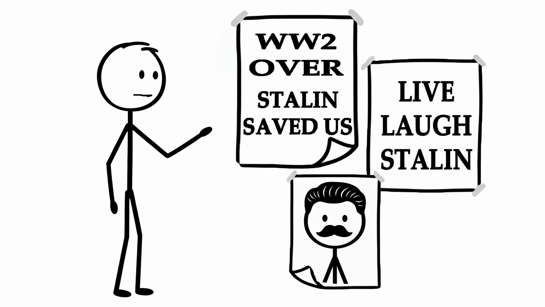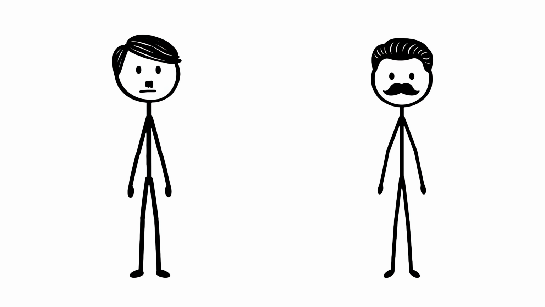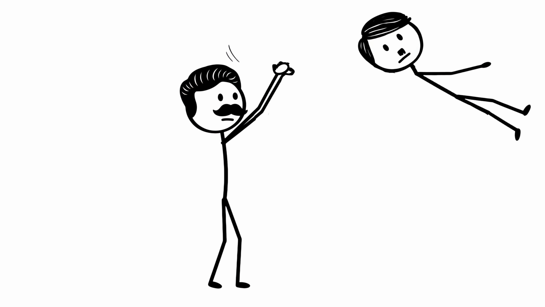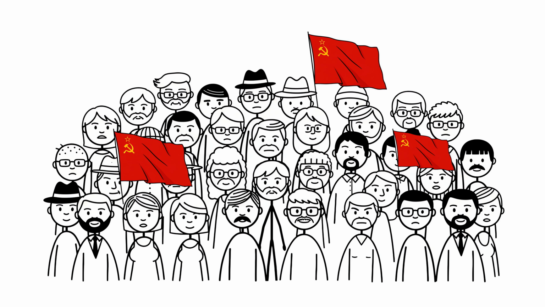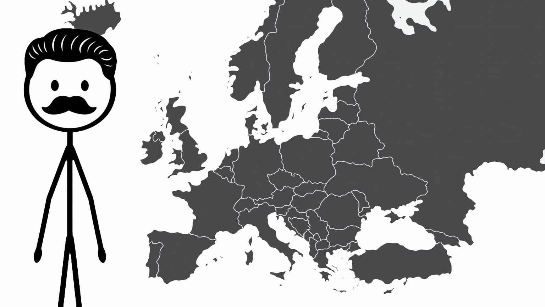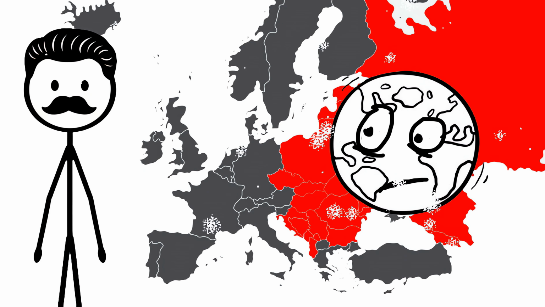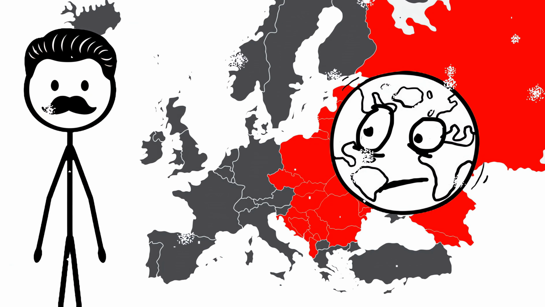Even the victory of the Second World War became part of his myth. Granted, he did help defeat Hitler, but at the cost of tens of millions of Soviet lives. After the war, he expanded his control over Eastern Europe, turning half of the continent red and sending the rest of the world into some very, very chilly times.